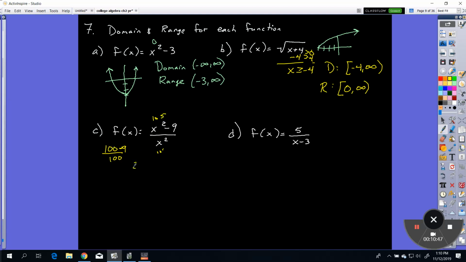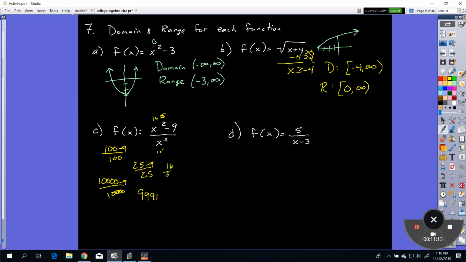So realize this top number is always going to be 9 less than the bottom number. If I plugged in 100 for x, I'd have 10,000 minus 9 over 10,000. The two numbers are the same, but the top number is always 9 less, which would be 9991.